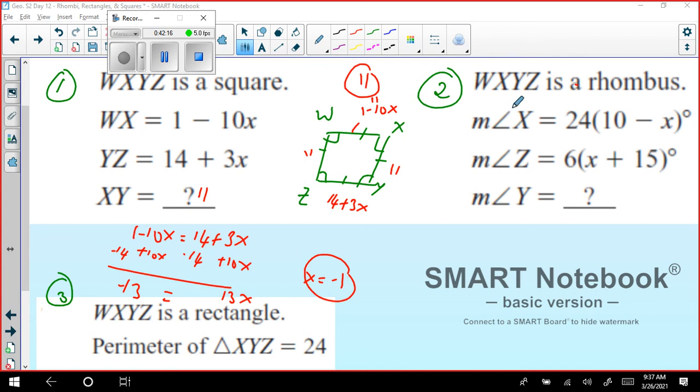WXYZ is a rhombus, and X and Z are opposite angles. You can see that the way it is labeled, opposite angles. Sorry, opposite angles are congruent in case of a rhombus or any parallelogram.